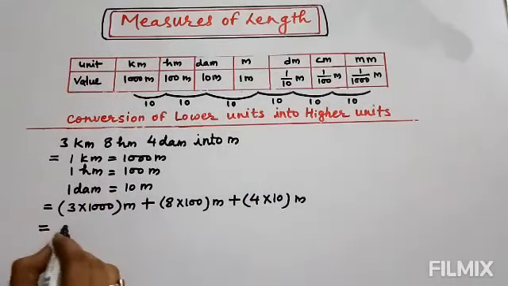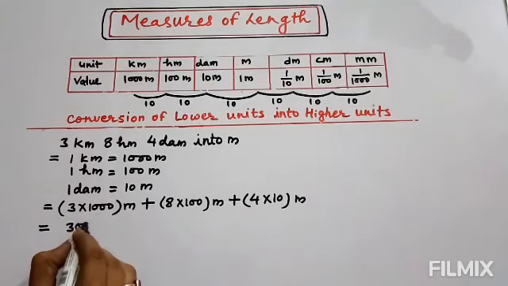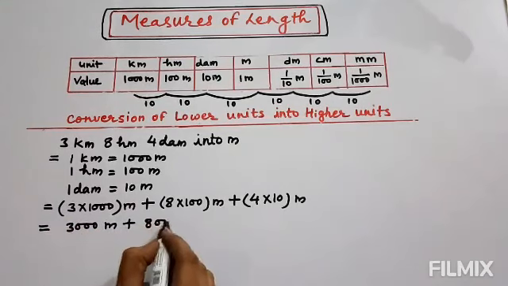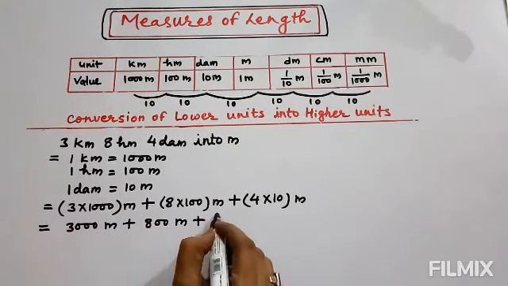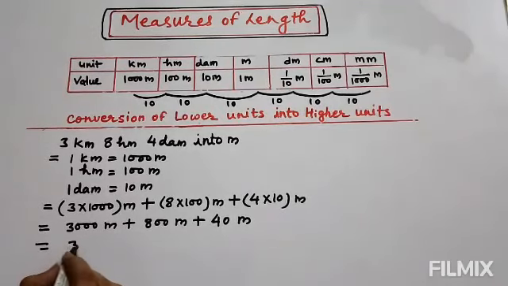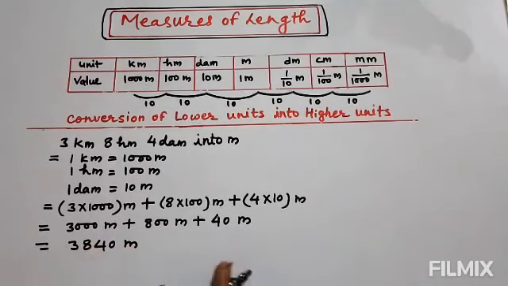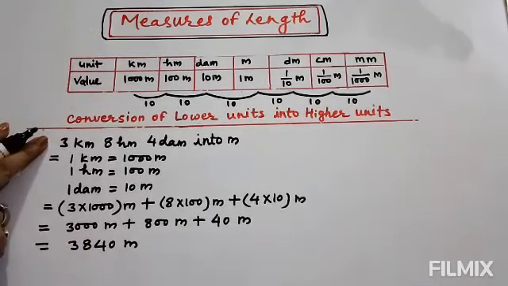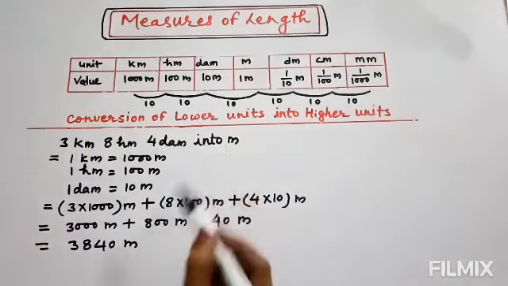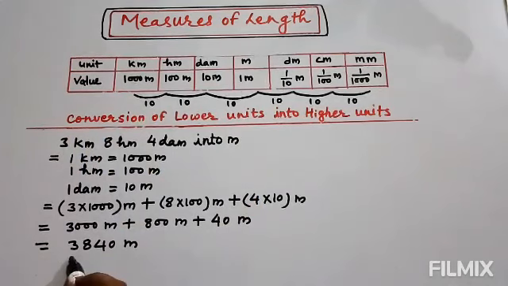Following the process, we get 3000 meter plus 800 meter plus 40 meter. Add all these together and we get the answer 3840 meter. Understand? It means when we convert 3 kilometer, 8 hectometer, 4 decameter into meter, we get the answer 3840 meter.